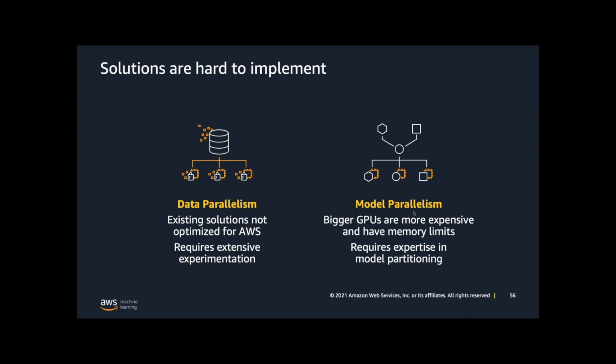Another challenge is that moving to a bigger GPU doesn't necessarily solve all challenges if your model is large, right? Bigger compute instances are more expensive, as I just mentioned. And beyond a certain point, even the largest GPU is too small for some models. And then sometimes you need to split the work across different things.